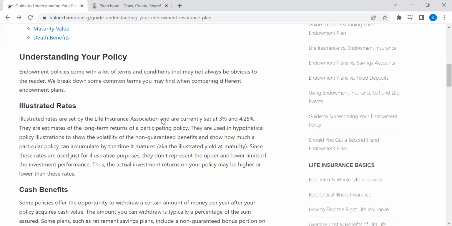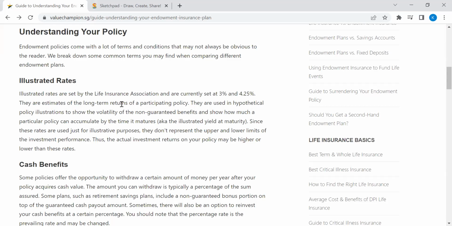Okay, let's look at the features. The first feature is illustrated rates. On the product illustration of an endowment policy, you will frequently see 3% and 4.25% for the cash value or surrender value of the plan. These are for illustration purposes.